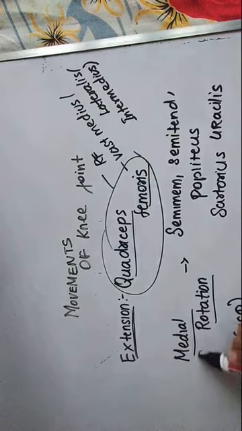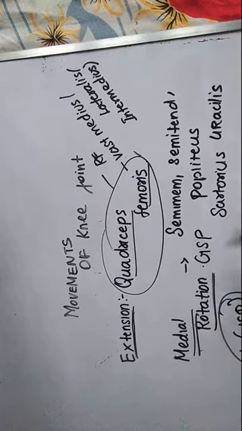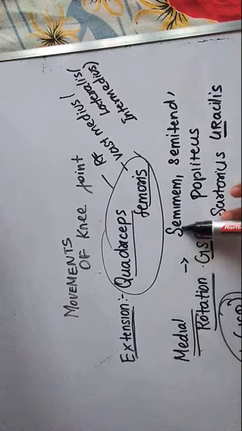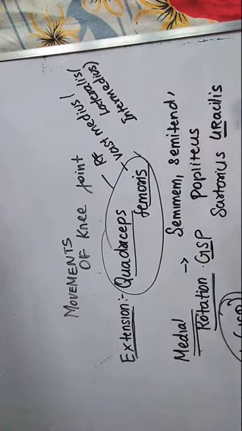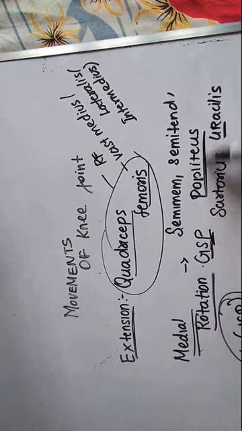For medial rotation, here also you should remember the same mnemonic GSP, where G stands for gracilis muscle, S stands for semimembranosus, semitendinosus, and sartorius muscle, and P stands for the popliteus muscle.